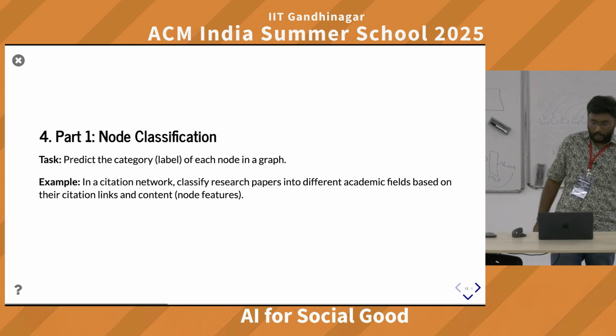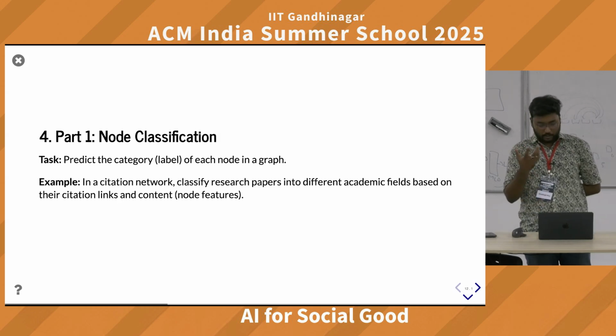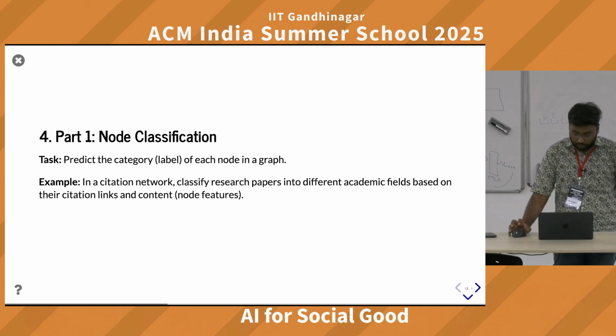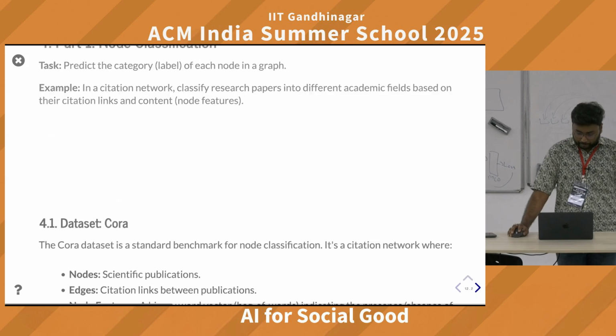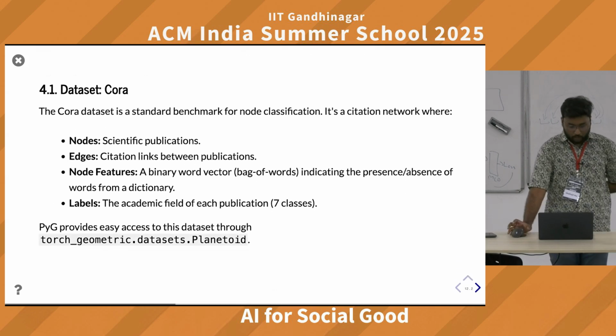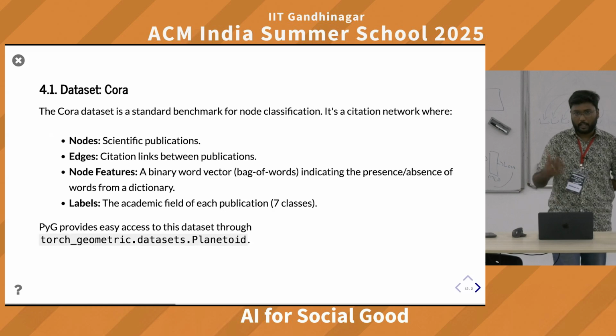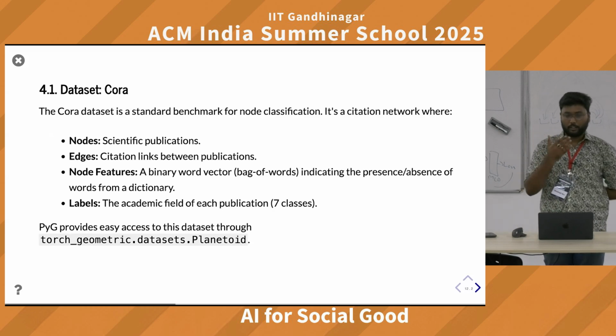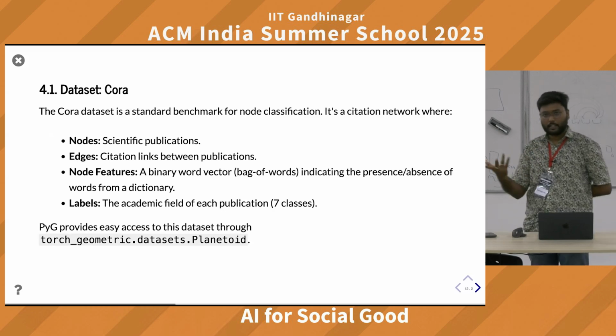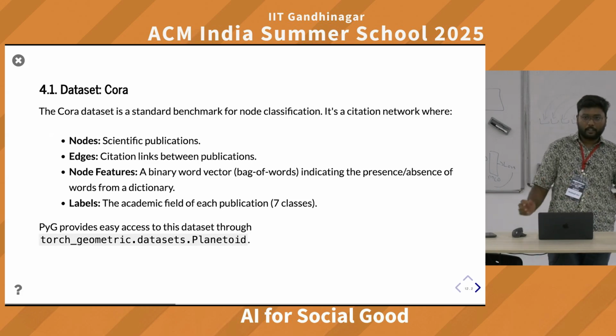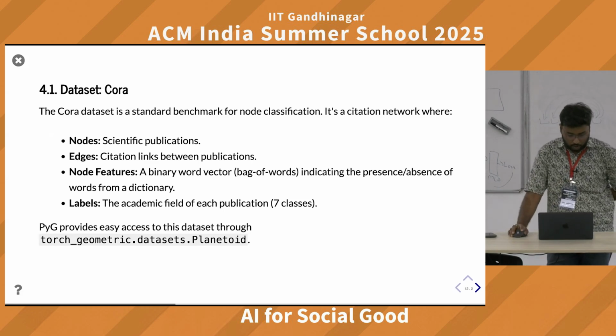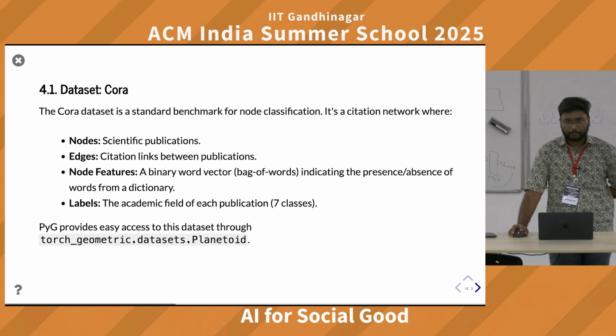The features of each node are, let's suppose, the content of the paper as a text embedding. The Cora dataset has these attributes: nodes, edges, node features, and labels. You can get the dataset from datasets Planetoid.